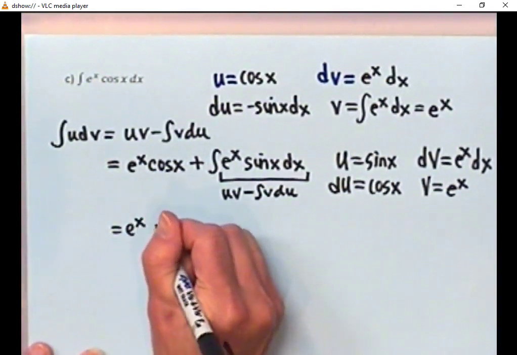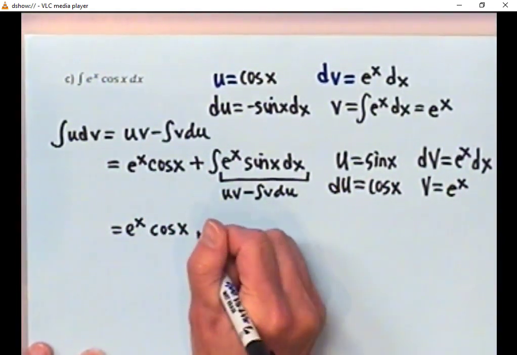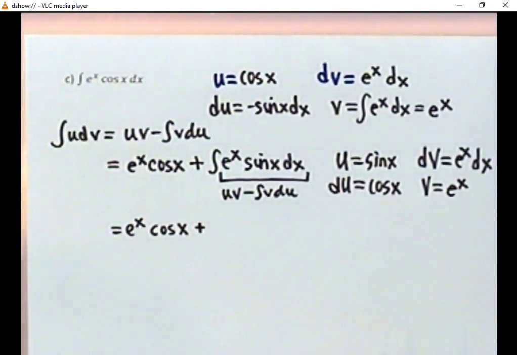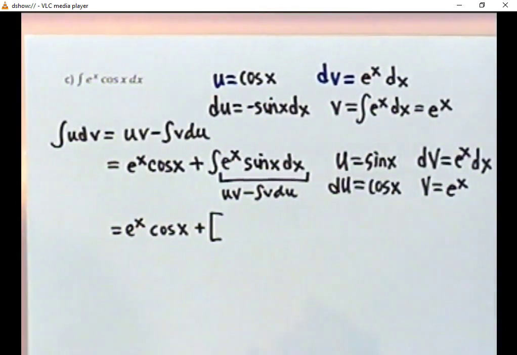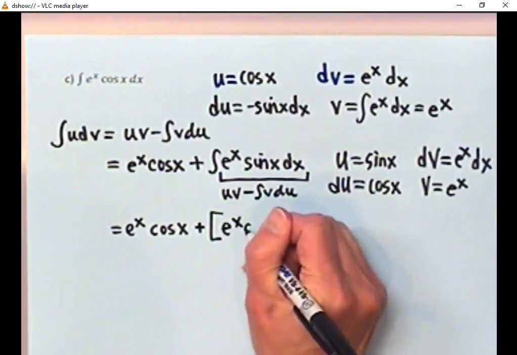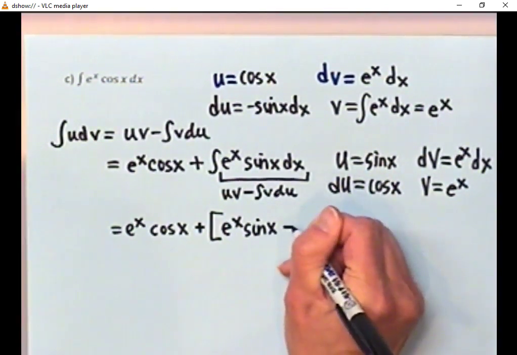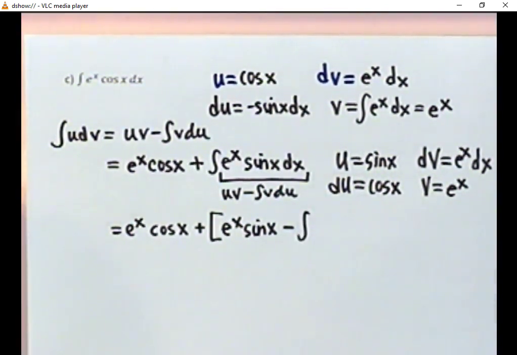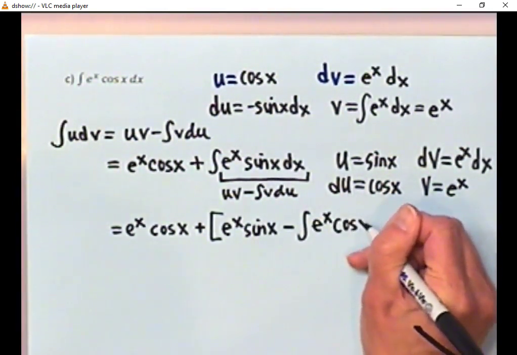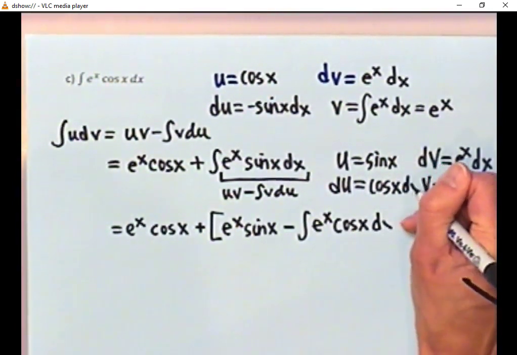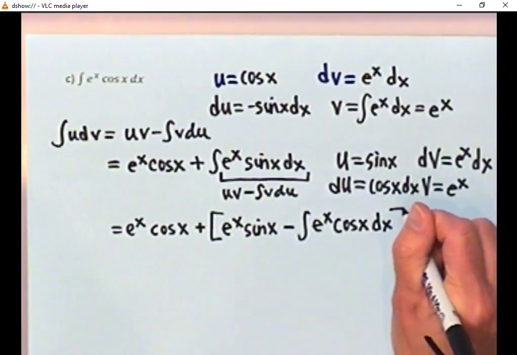I'm going to bring along the e to the x cosine of x plus, and I'll just put it in brackets to separate it. This one doesn't have anything to distribute out front, but just so you can see it here. So that's going to be uv is e to the x sine of x minus the integral of v, which is e to the x times du cosine of x, and that has a dx on it, right?